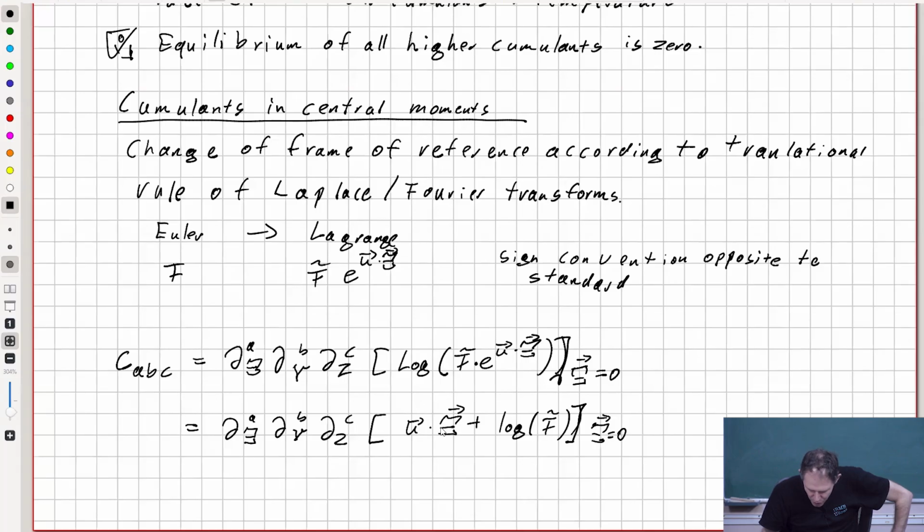Because u only comes in the first derivative, and there is no u in it anymore, it means that all but order 1 cumulants are frame independent.